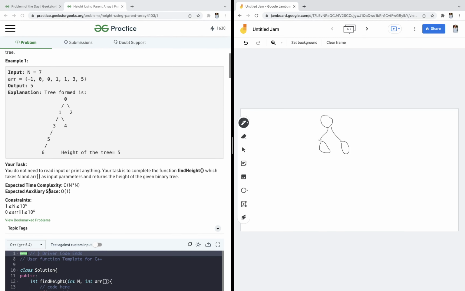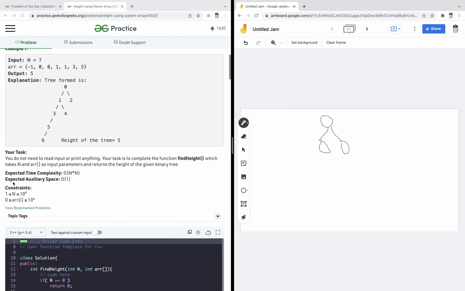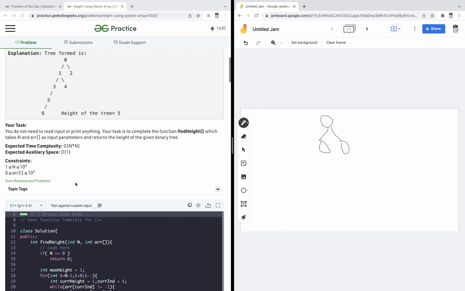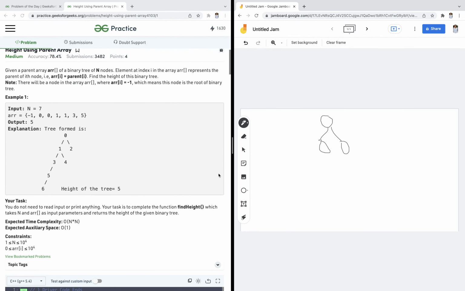The expected time complexity is O(n squared), so quadratic. The expected auxiliary space means we don't have to use any extra space other than constant variables.